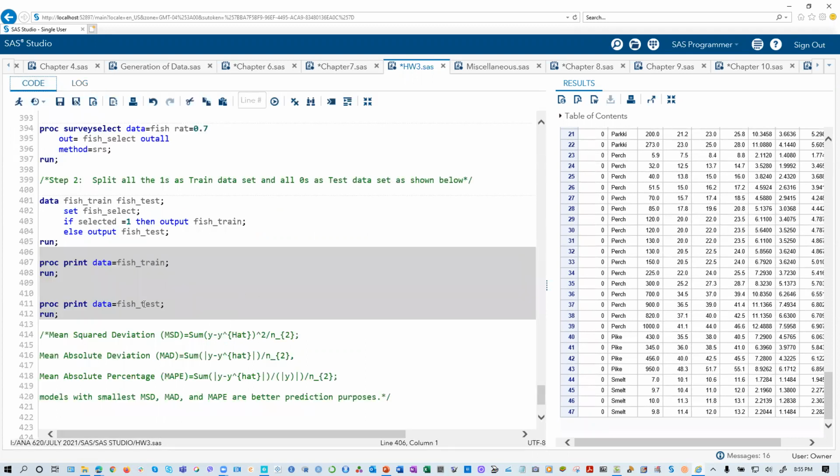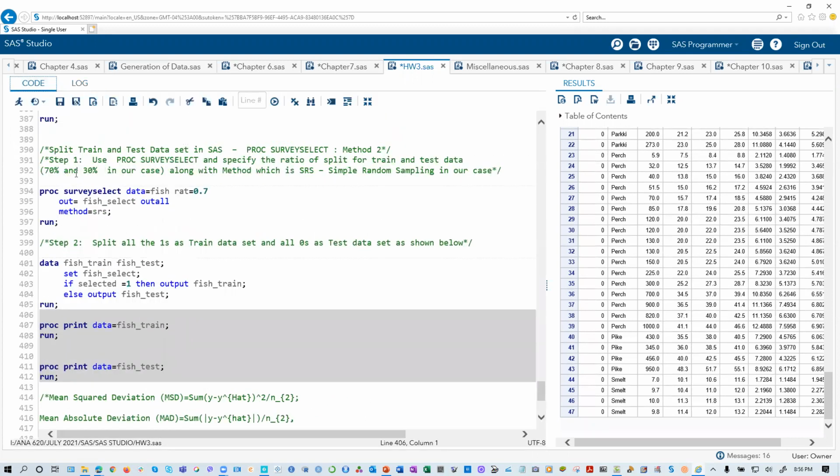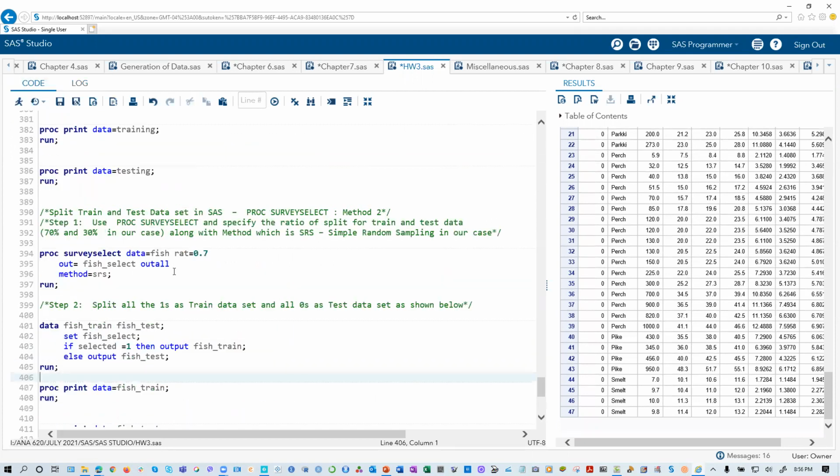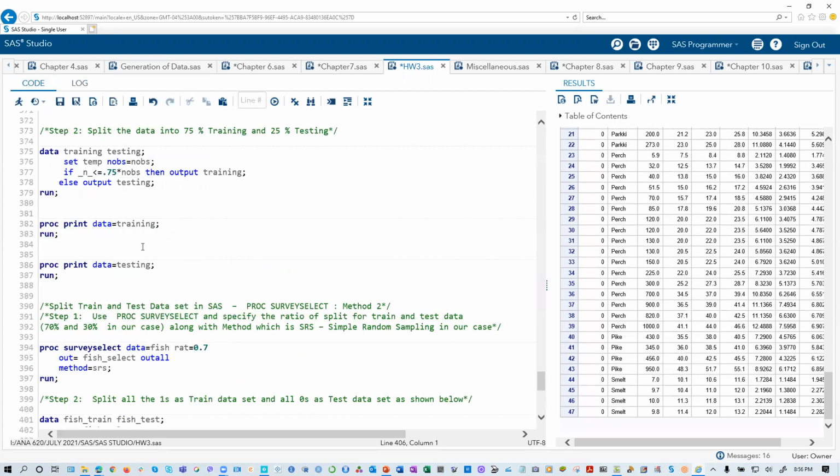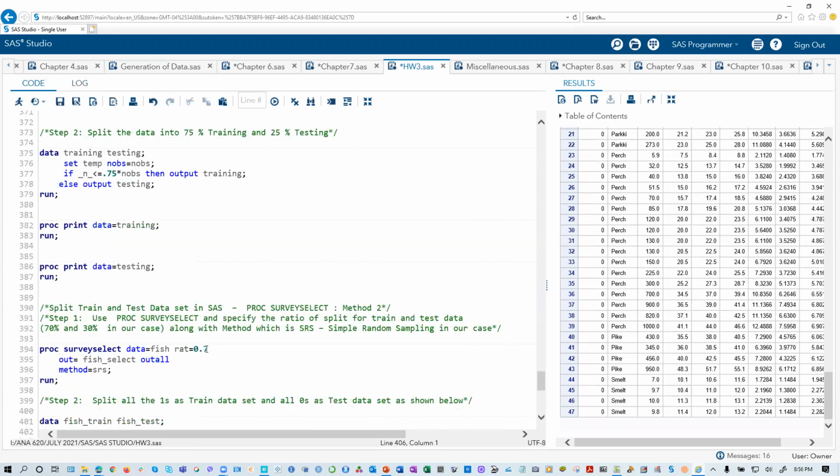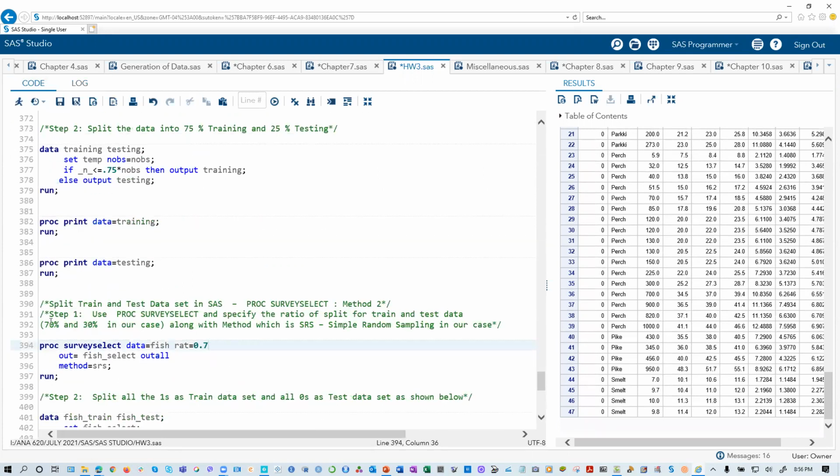On the other hand, we are not using the same percentage; we were using a different percentage. If you use 0.75, let's use 0.75, that's 75 and 25.